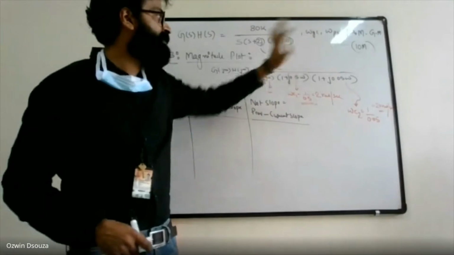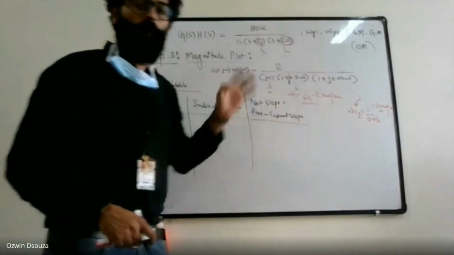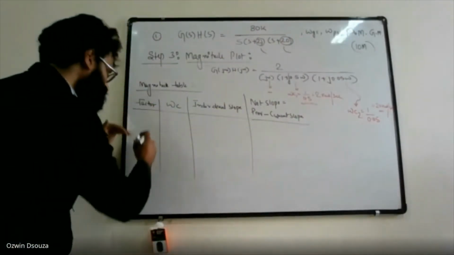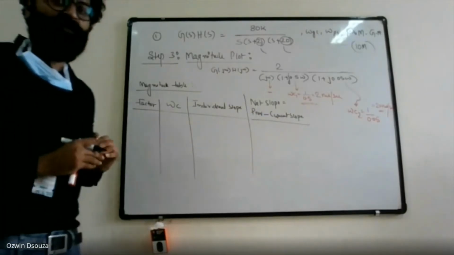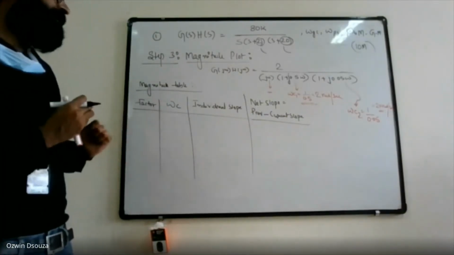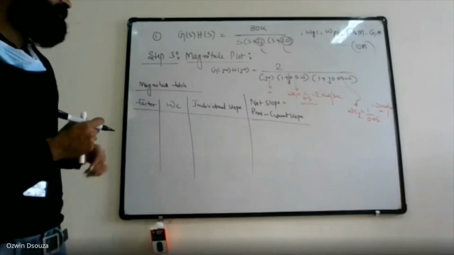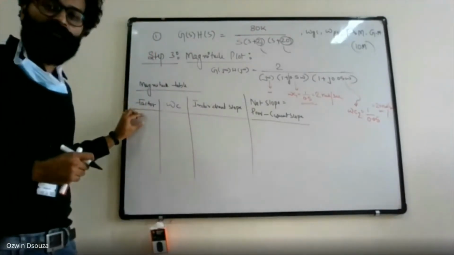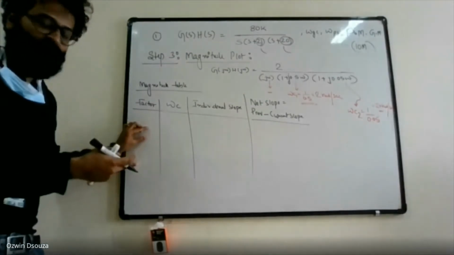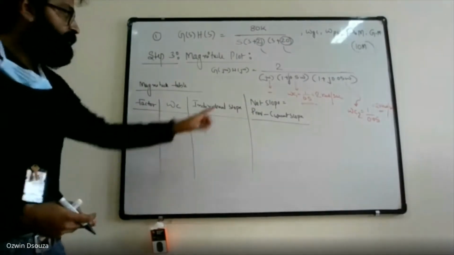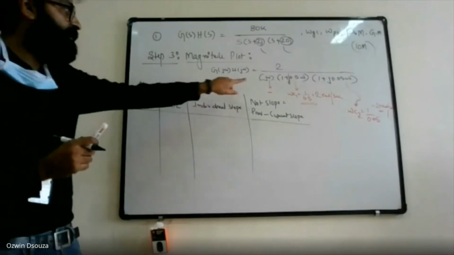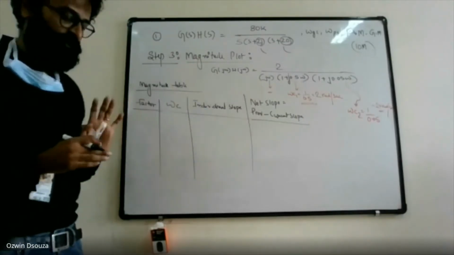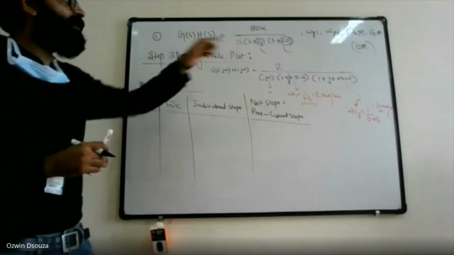There are no s terms in the numerator. So what you have is the poles. All right. Now you have to consider these poles in a systematic manner. Systematic manner in the sense, the factor which is having the least frequency should be tabulated first, followed by the next highest frequency, so on and so forth. So the first factor is nothing but the pole at origin. So in the numerator you have 2, right?